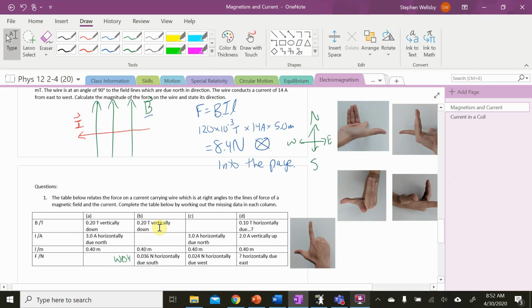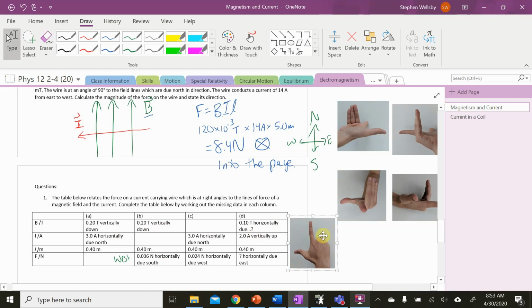Question B. Again, we've got our three fingers pointing vertically down. That makes our life easier. So I know it's going to be one of these variations here. And I've got my force pointing south. Well, the force is my thumb. So what I need to do to this picture is keep my fingers where they are. So I'm just going to rotate this picture around the finger axis here.